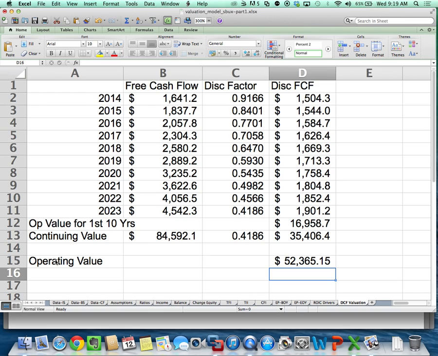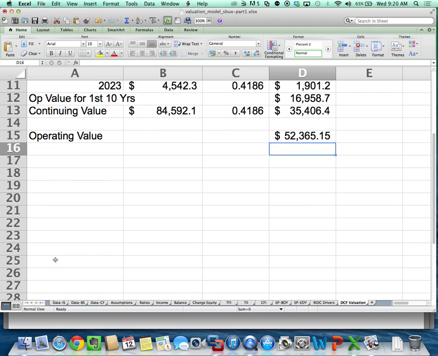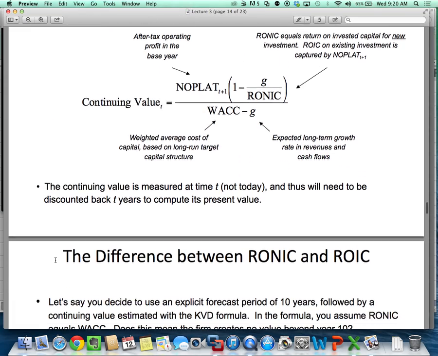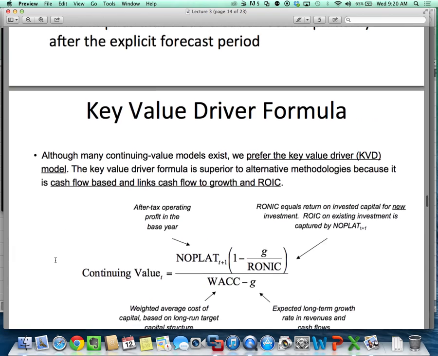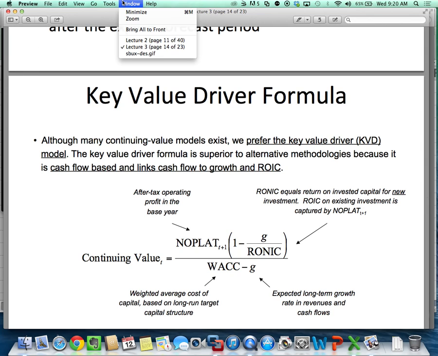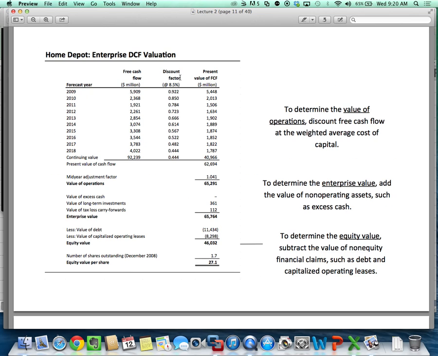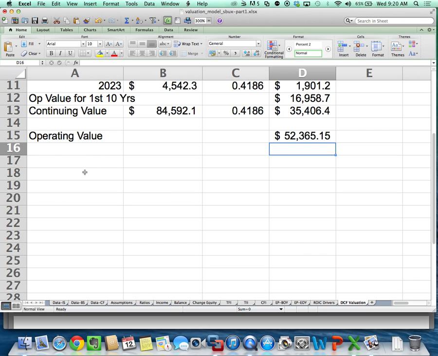Now, to my operating value, going back to the Home Depot example, I need to add in my non-operating items. Right? Now, back to this.